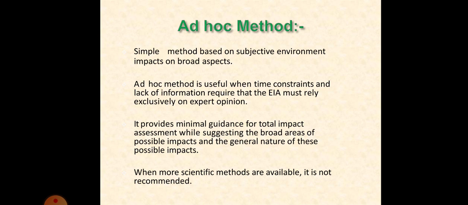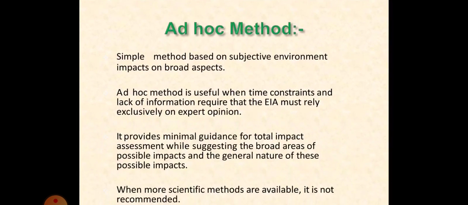It is a very simple method, and it is based on subjective environmental impacts on a very broad aspect. This is useful whenever time constraints and lack of information require that the EIA must rely exclusively on expert opinion. So we can say that the ad hoc method is a method where the report is created mainly based on expert opinion.